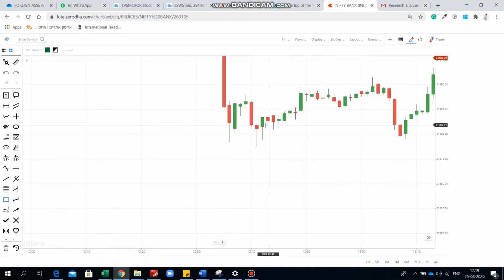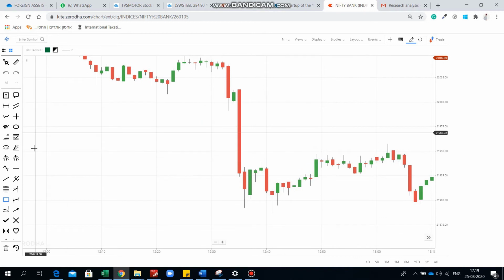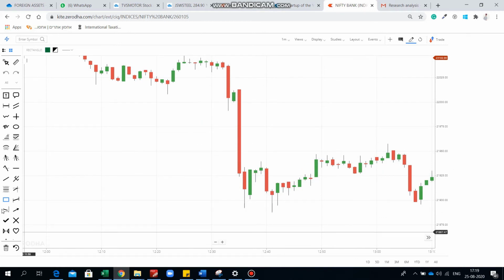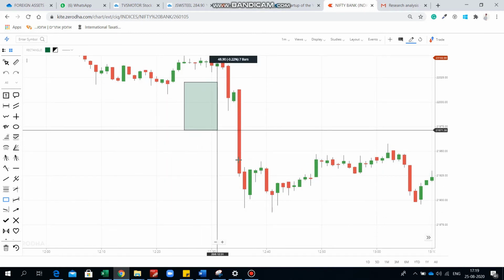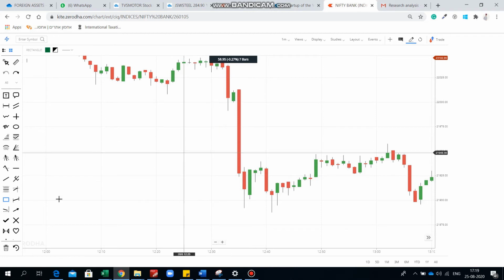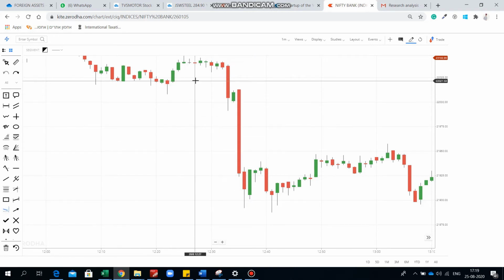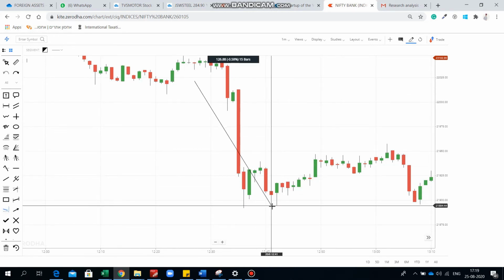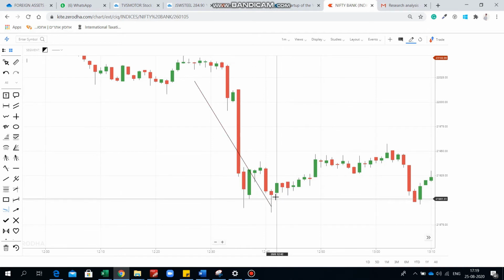Okay, so if you see here, there is a preceding downtrend, right? There is a good downtrend, and after reaching this value it showed a rejection, and the next candlestick closed below this, closed above this.